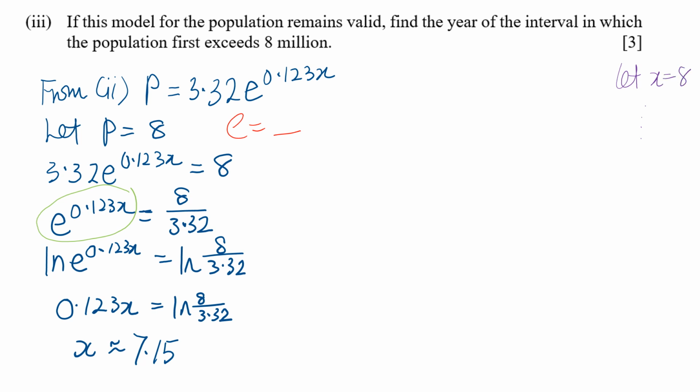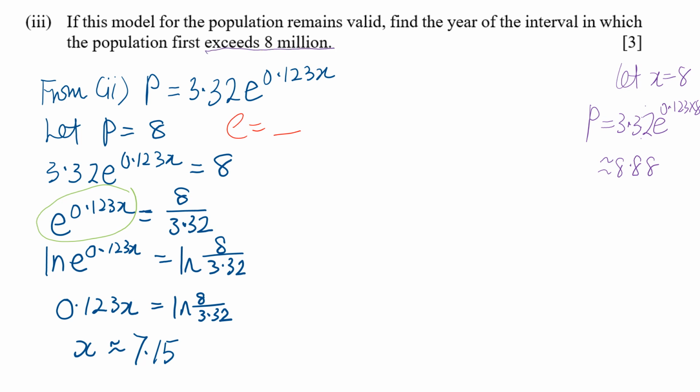After getting x is approximately 7.15, we should let x equal to 8 and see if our population is more than 8 million. Alright, so we will get 8.88 million. So that satisfies the condition, it exceeds 8 million.